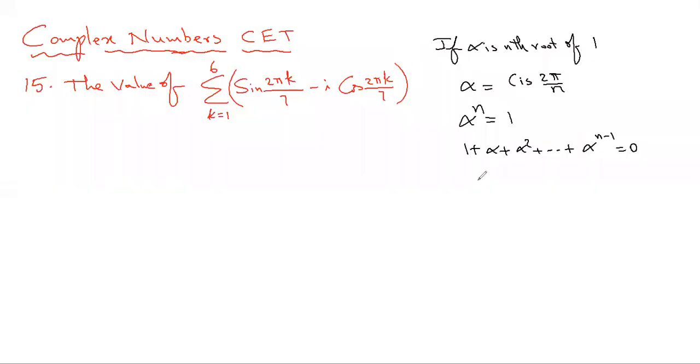De Moivre's theorem is basically that cis theta, the whole power n, is cis n theta. You should also know this. If you know these 4 points, then it's easy to do this problem.